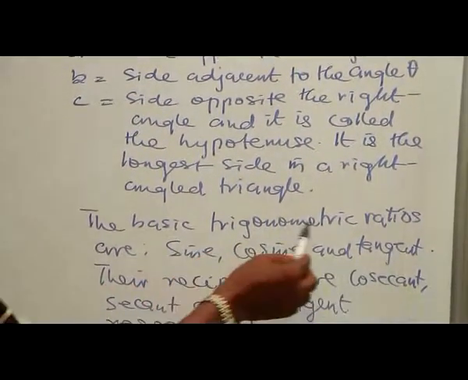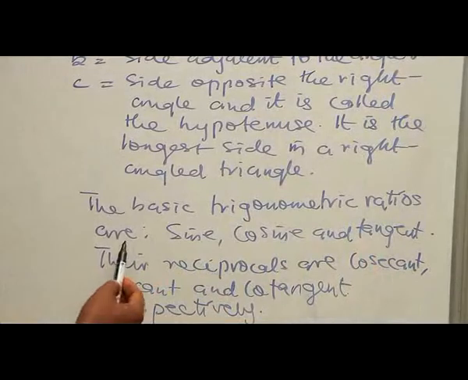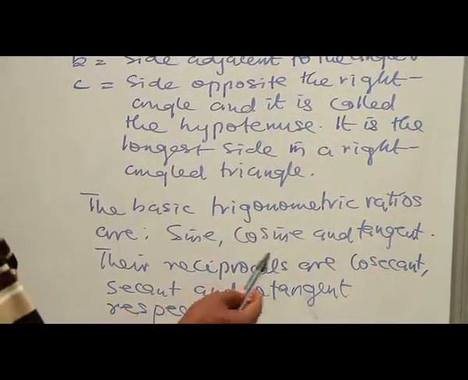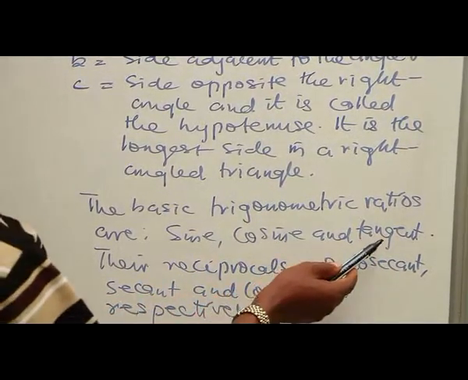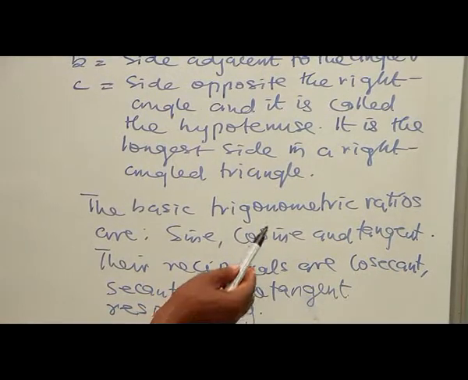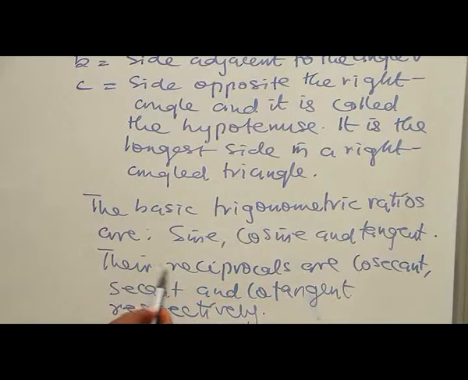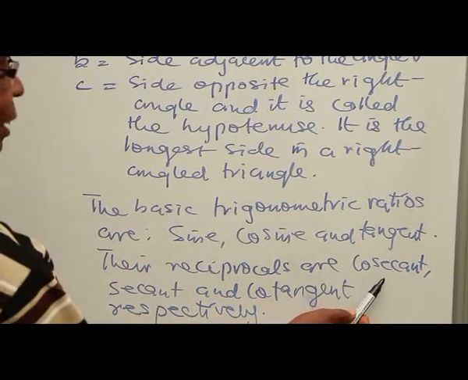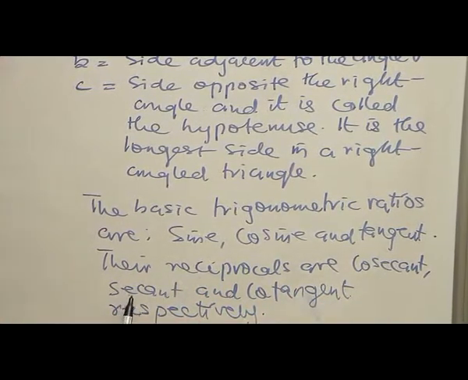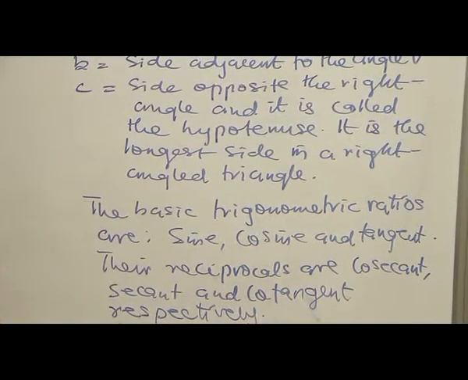The basic trigonometrical ratios are the sine, cosine, and tangent. And they also have their reciprocals. And their reciprocals are the cosecant, secant, and cotangent, respectively.